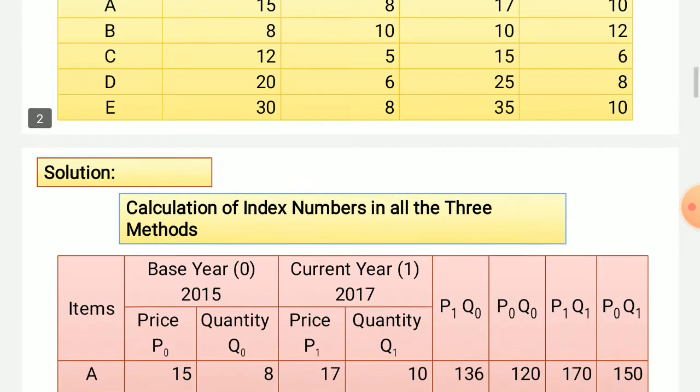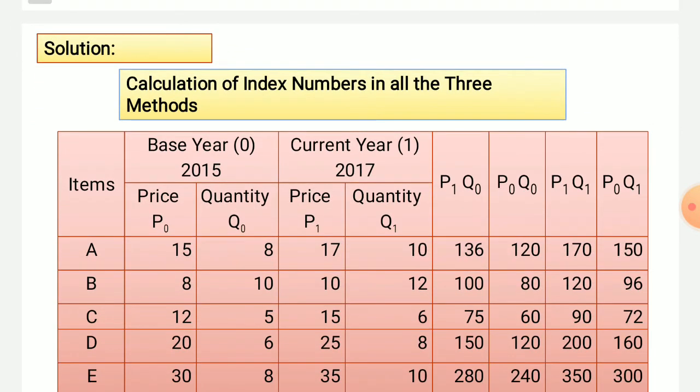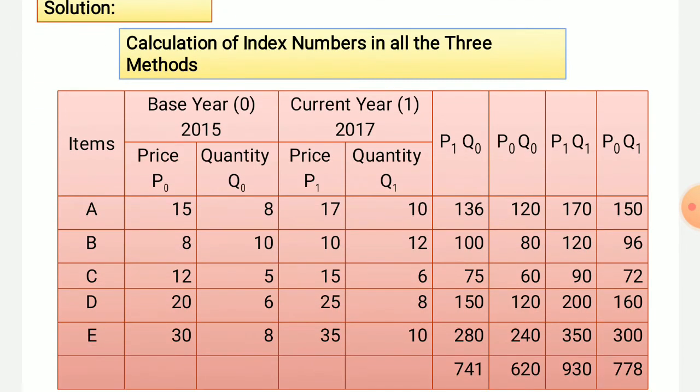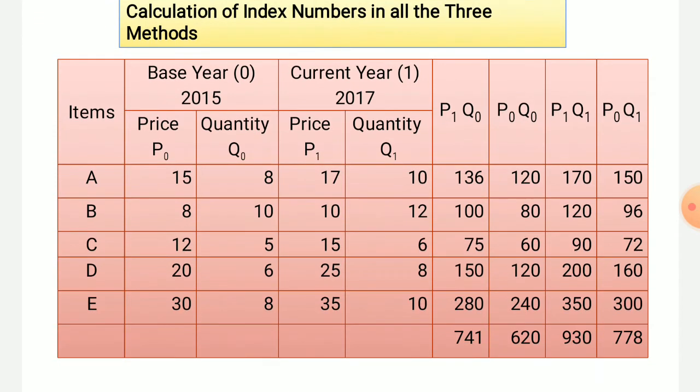and let us prepare a table to understand clearly the calculation of indices or index numbers. Here the items are in the first column, then the base year 2015 price and quantity means P0 Q0, and the current year 2017 price and quantity means P1 Q1.